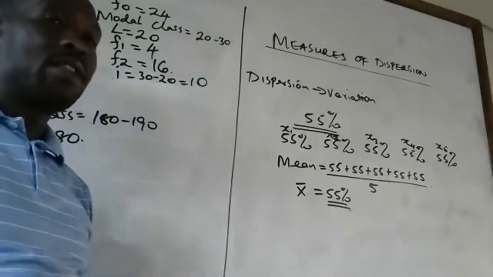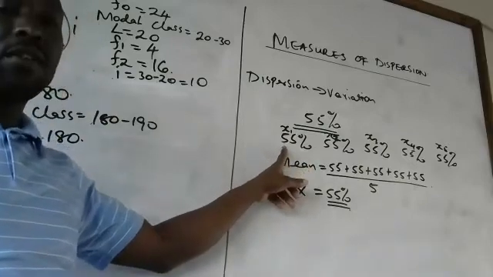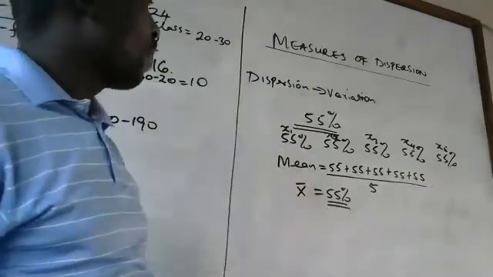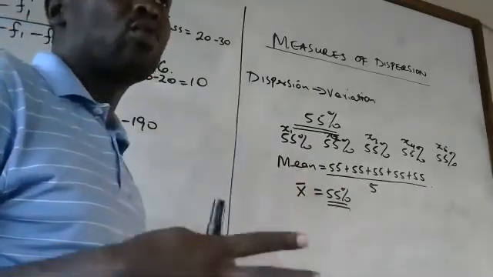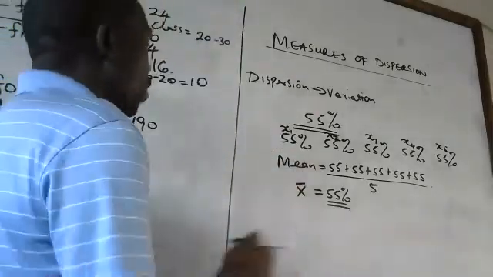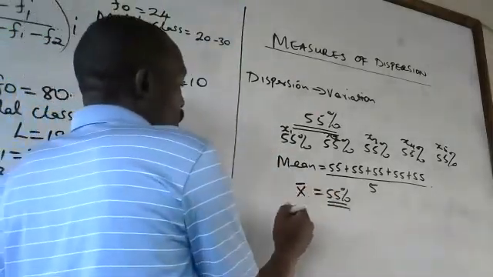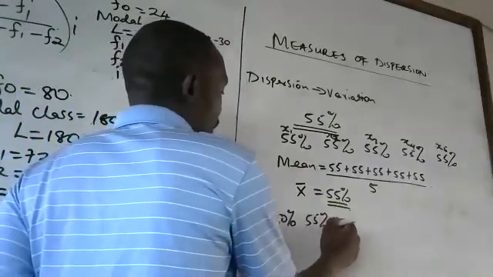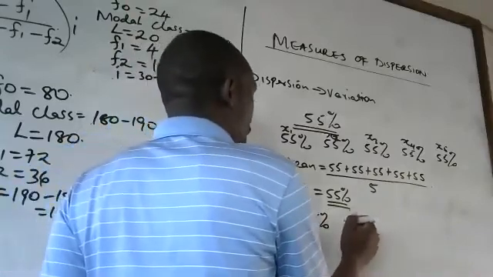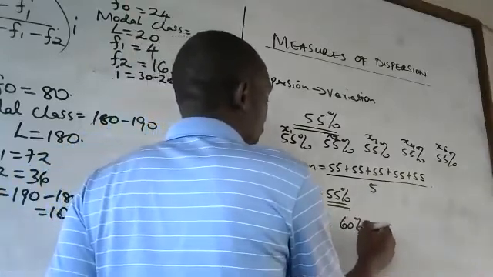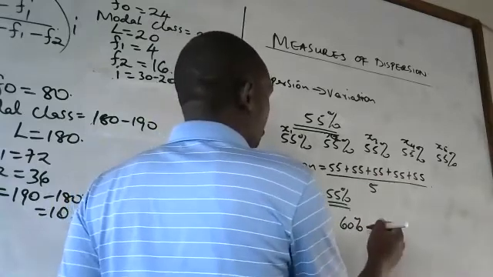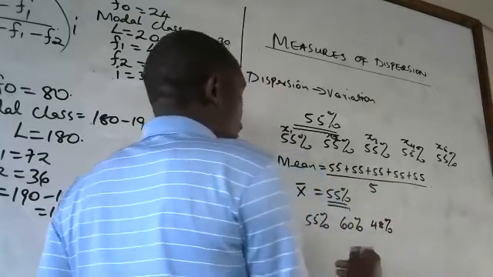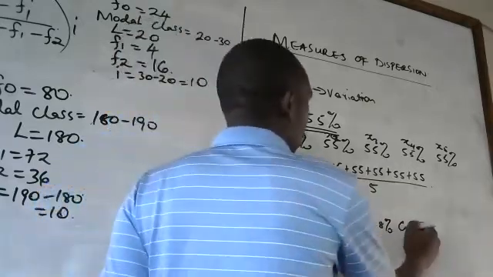But does this normally happen in real life scenarios? No, it doesn't. You can say that the mean is 55, but when you go to the actual scores of the 5 students, you can find that there is a student who scored maybe 50%, another one scored 55%, another one maybe scored 60%, another one who scored maybe 48%, and another one who scored 62%.